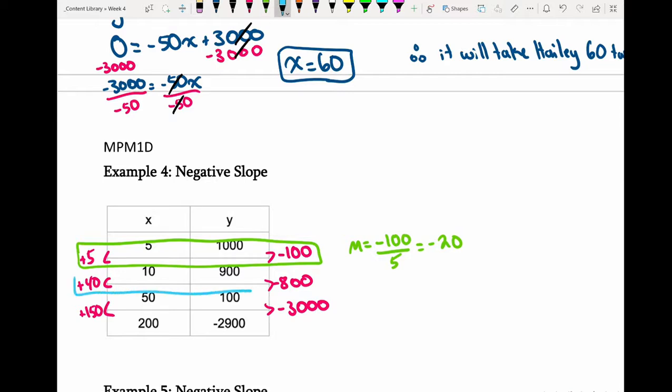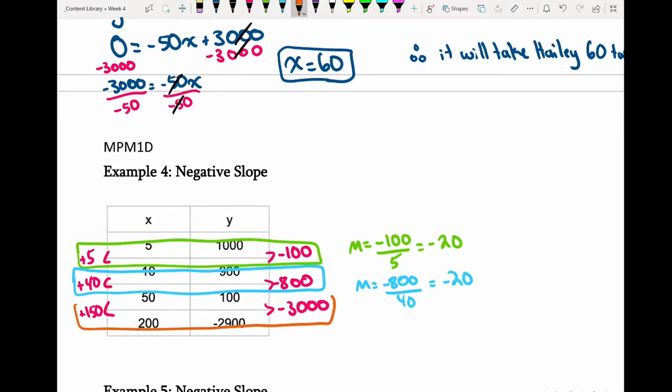Again, you could use the other pair, negative 800 over 40 also equals negative 20. Finally, you could also use the last pair, m equals negative 3,000 over positive 150, also equals negative 20.